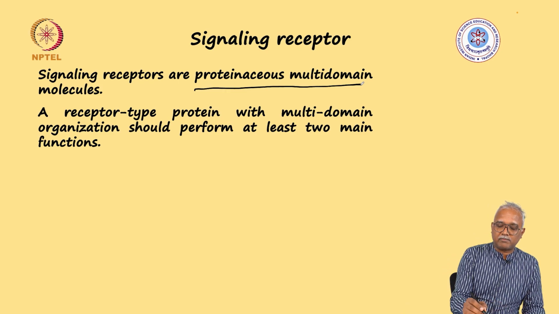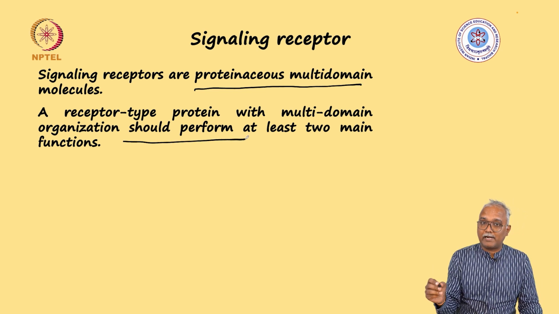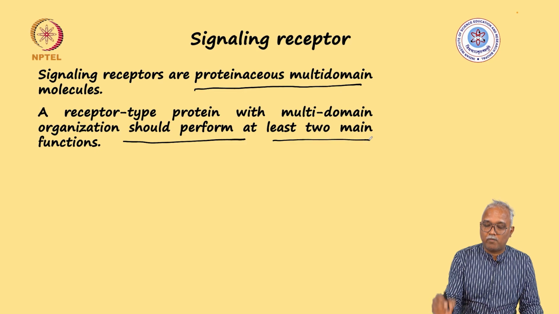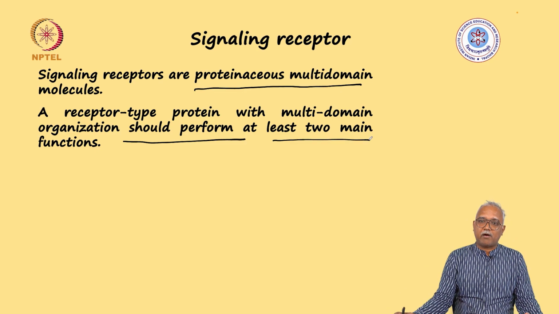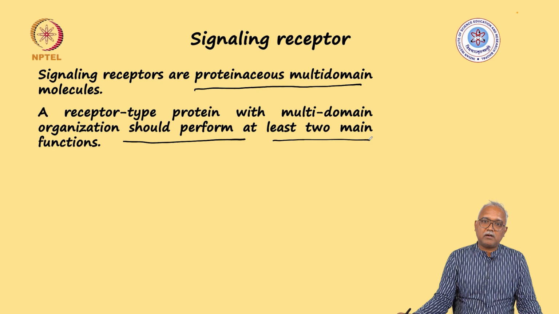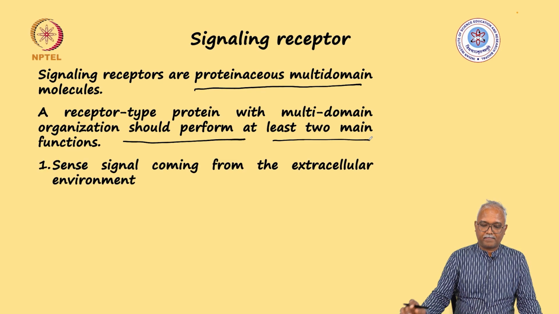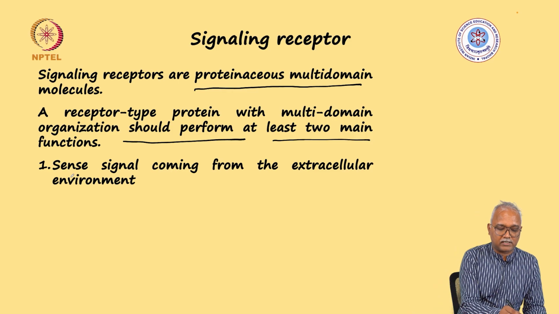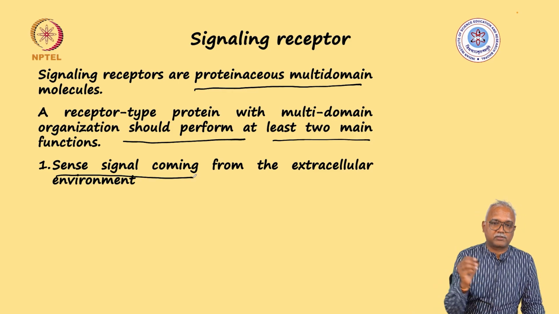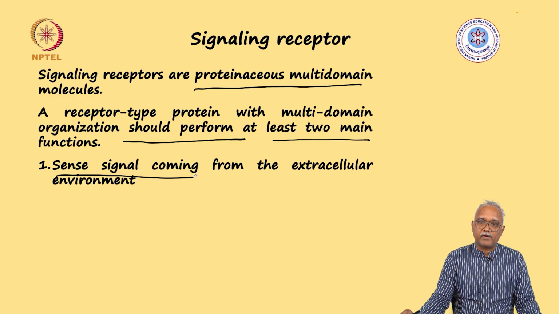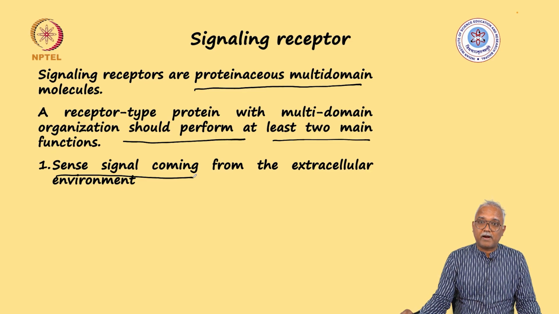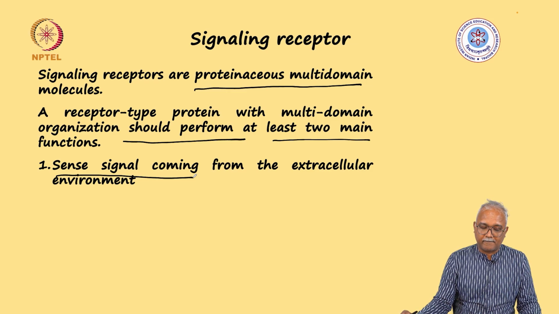A multi-domain receptor has an organization which should let it perform at least two main functions. What is very obvious is that the receptor must bind to the signal available in the surroundings, right? So it should sense the signal coming from the extracellular environment, whether it is directly binding at the cell surface or the signal permeates inside the cell and binds the receptor over there.